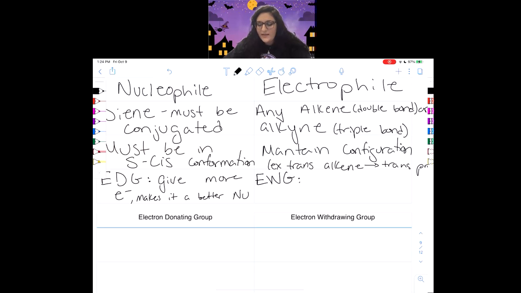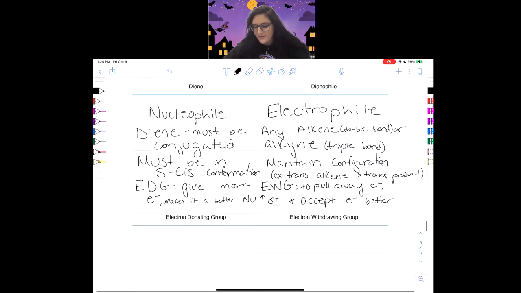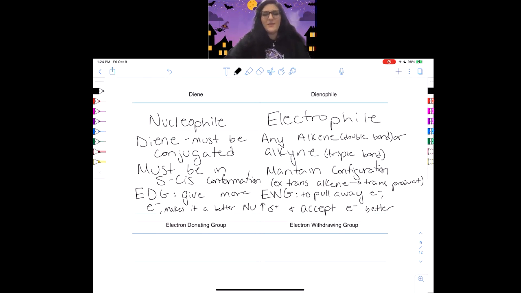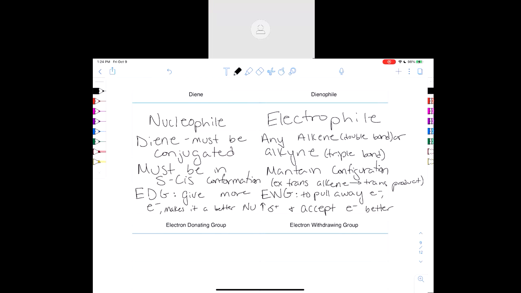The reason for that is they want to pull away electrons, you get a more delta plus, and that means you can better accept electrons. I shorthanded that, so that's not even a real English sentence, but I hope you guys understand what I meant by that. Wait, can you repeat that one more time, please?